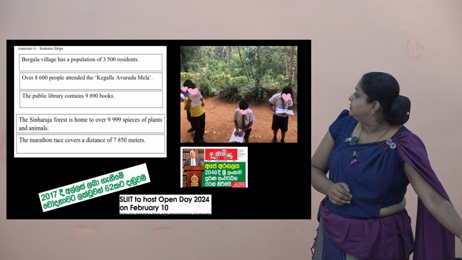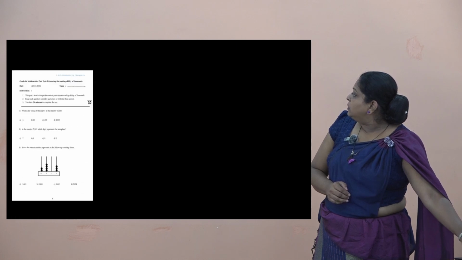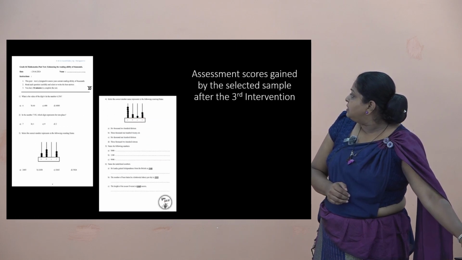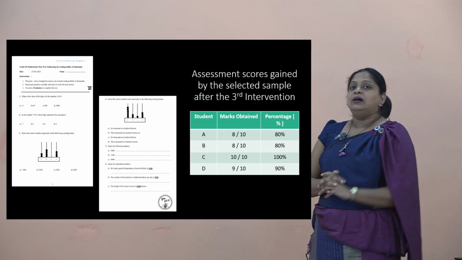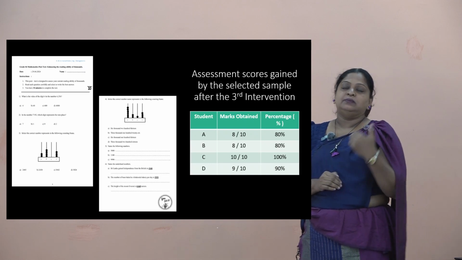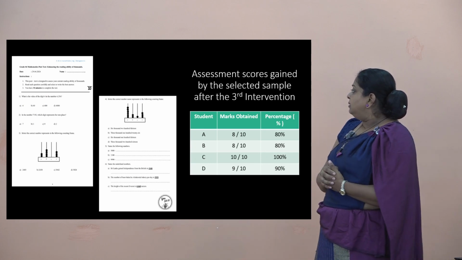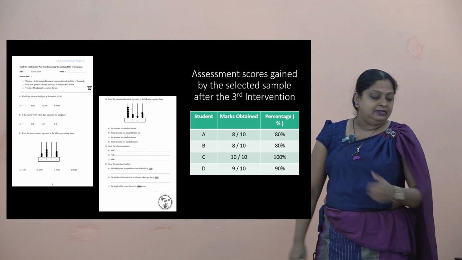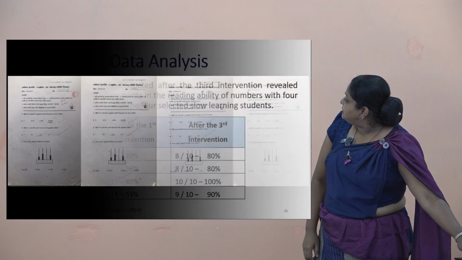These are some key highlights from the third intervention. In order to ensure that they had reached this competency, I conducted an assessment where all 4 students scored more than 80%. As you can see, they scored between 80% and a perfect 100, and these are their answer scripts.